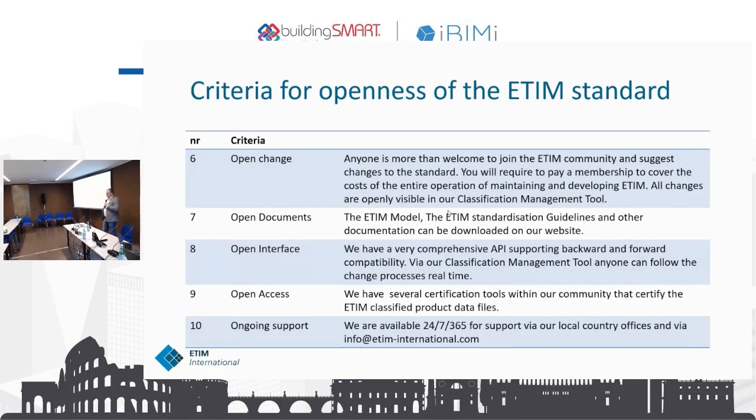Open documents. If you're interested in a model or in the guidelines, everything you need you can find on our website. Just go to the download section. It's there. Open interface, we have an API which you can request access to. We give it out to anybody who would like it. And we have support. You can get support from our local chapters.